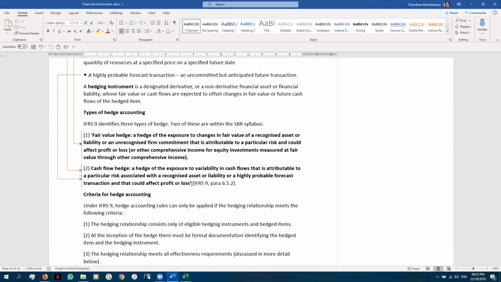A fair value hedge: a hedge of the exposure to changes in fair value of a recognized asset or liability, or an unrecognized firm commitment that is attributable to a particular risk and could affect profit or loss or other comprehensive income for equity instruments valued at fair value through other comprehensive income. Now, again, more than a mouthful, but this is the definition according to IFRS 9.